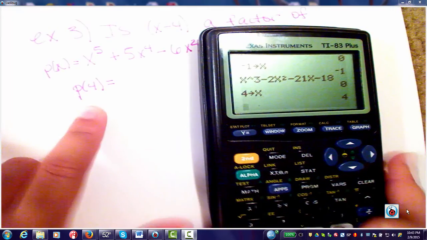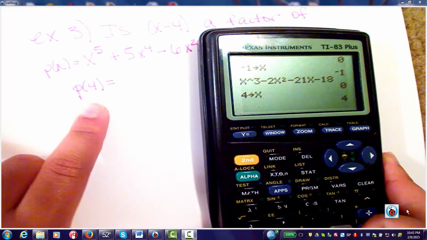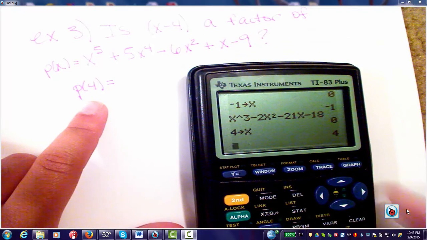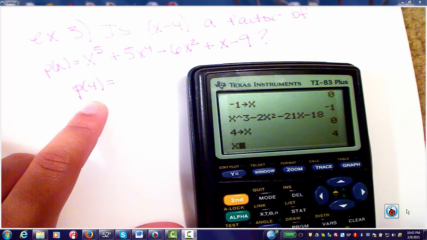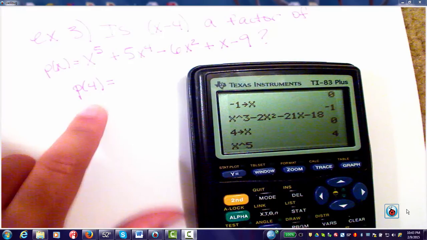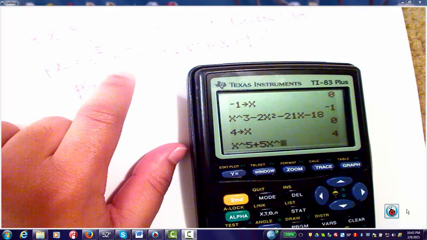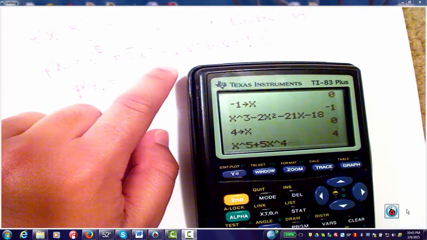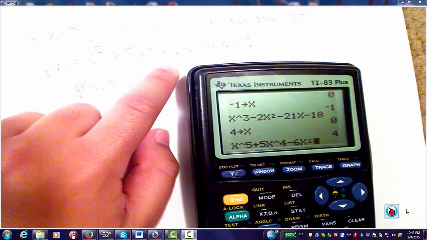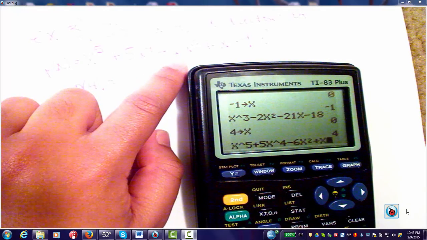Alright, so now we've stored 4 as x. So now let's type in the function. So x to the 5th plus 5x to the 4th minus 6x squared plus x minus 9.